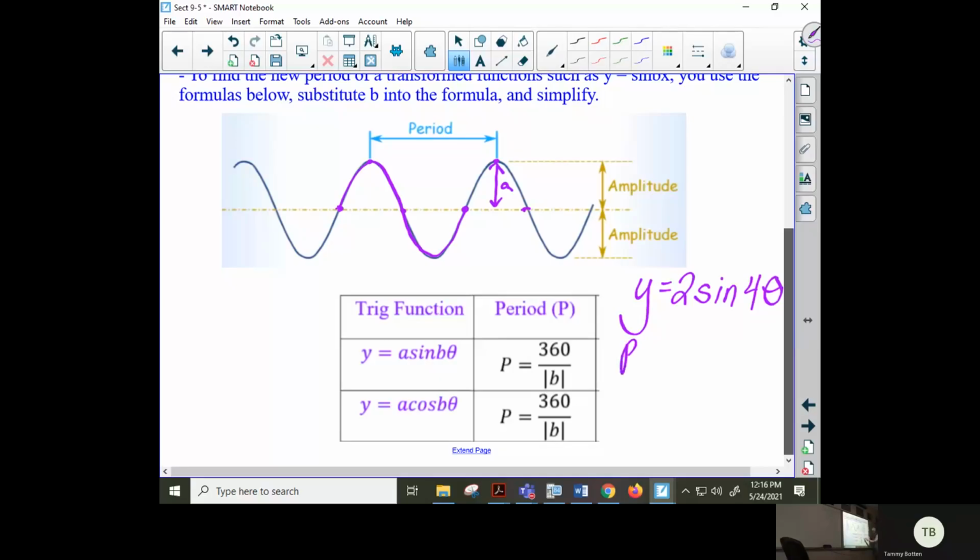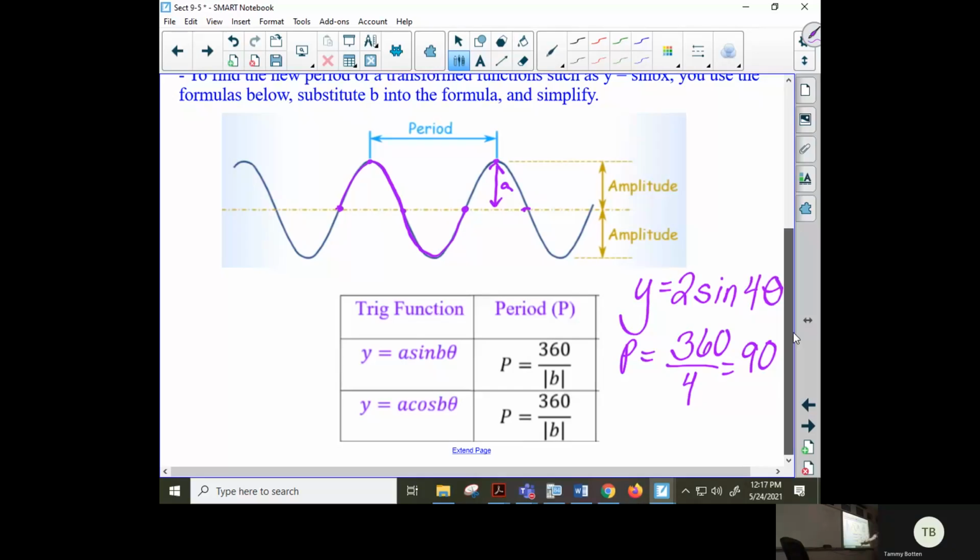This 4, what that does is I take 360 divided by that. And what that means is instead of my sine going through 360 degrees, I have to do the whole sine function in 90 degrees. So I'd actually have 4 sine functions between 0 and 360.